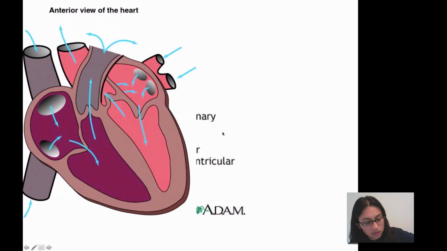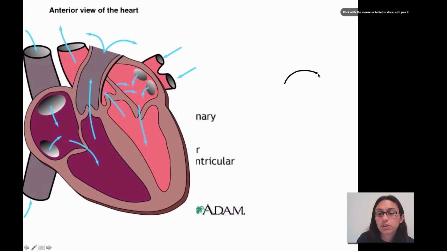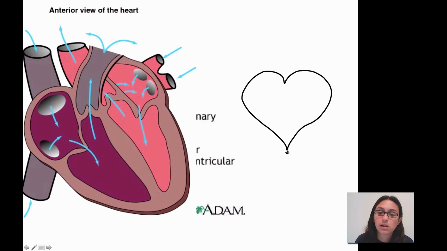Real quickly, we're going to label these, but of course I don't want you to draw this complex drawing here. So what we'll do is draw the traditional heart. Over here on the side, just draw a heart like this. Okay, and we'll divide it into the 4 chambers. So there's 1, 2, 3, 4. Okay, so this right here is the right atrium.